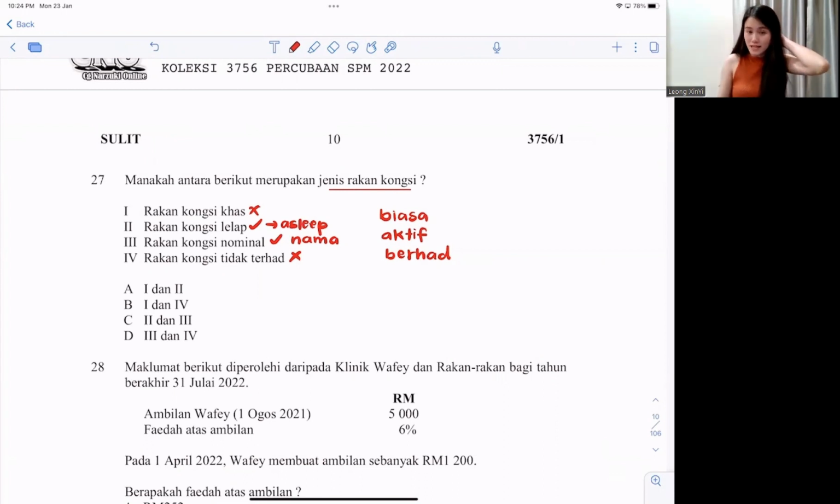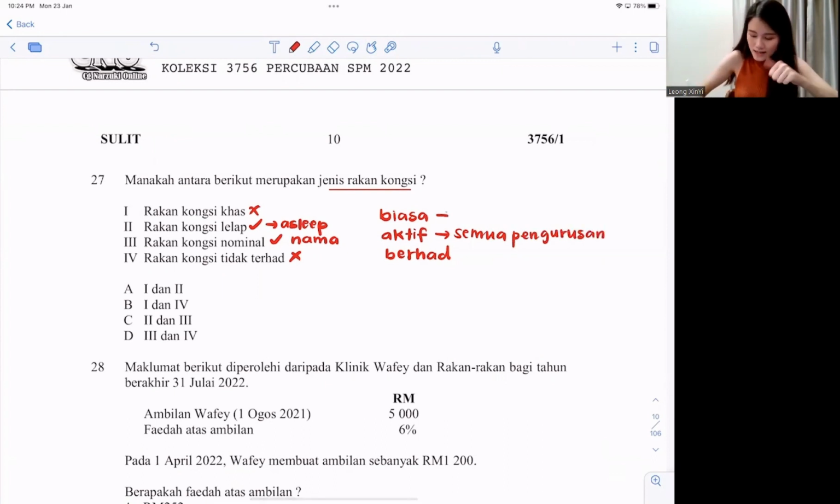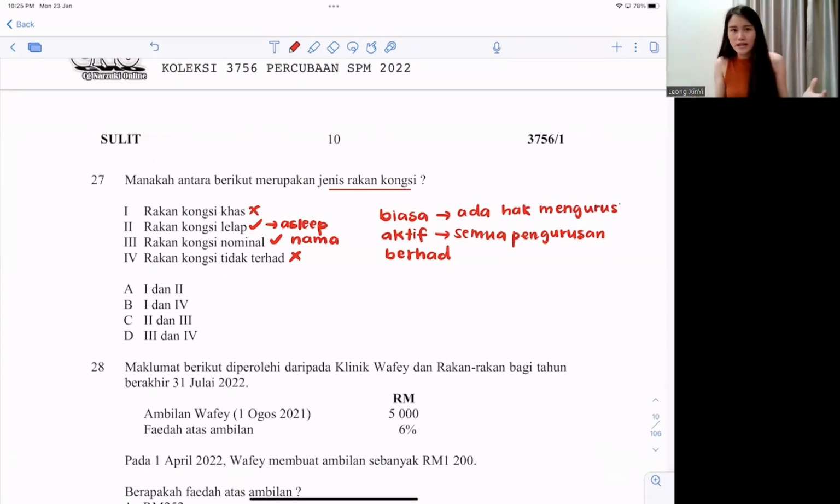And for biasa and active, the difference is that active needs to do all the pengurusan. It's their job actually. They get paid for it. At the same time, they don't get to take a break. Biasa has other hak mengurus. So they can ask to check the business or the buku perekanan, but they are not committed to it.